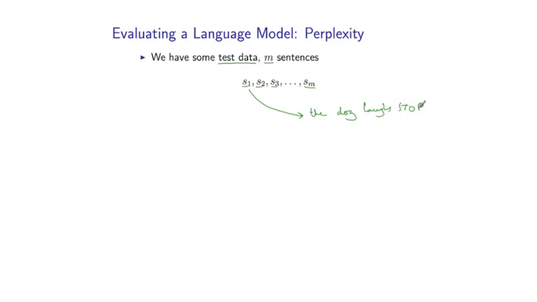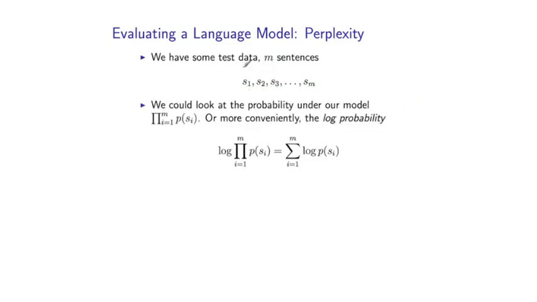Critically, while we will assume that the parameters of the language model are estimated on the training examples, we'll assume that the test data is a separate, held-out set of examples which were not used in estimation of the parameters. So the test data are new, unseen examples. Given the test data, it's natural to look at the probability that our language model assigns to those test data sentences.